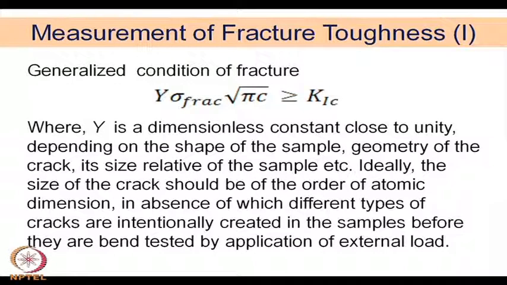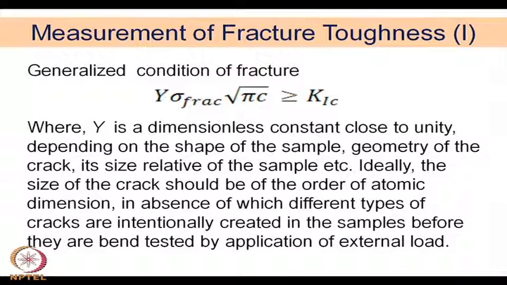Well, having discussed the different mechanical properties and how to measure them, the next item we want to discuss is how to measure the fracture toughness of different ceramic materials.